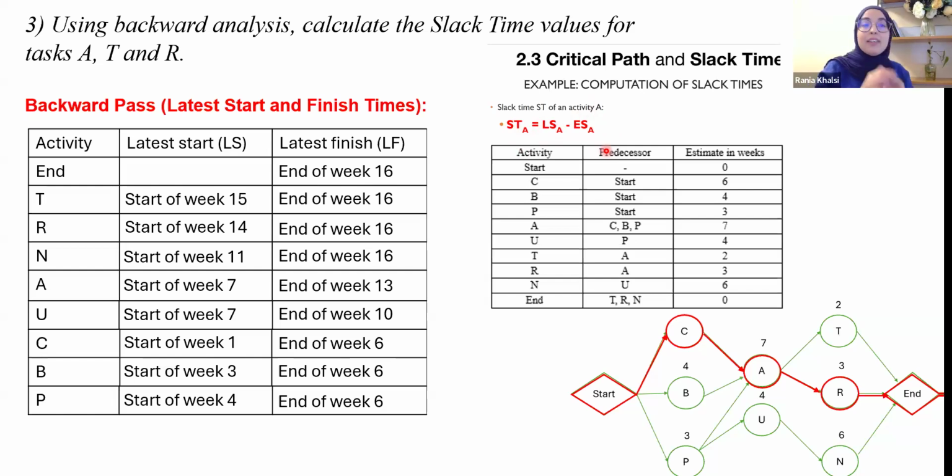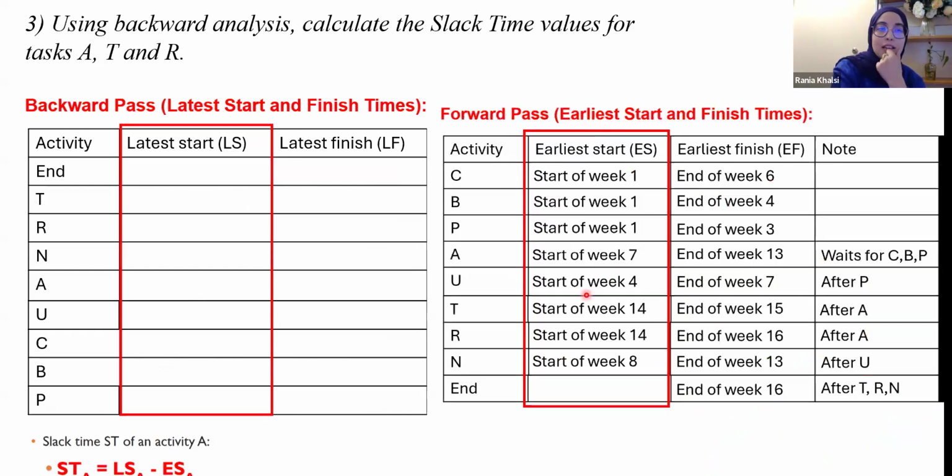I will come back to this point. We have the latest start from the backward pass. Now we need the earliest start. From where do I get this? I already have it, in the forward pass that we already did in the previous question number 2.